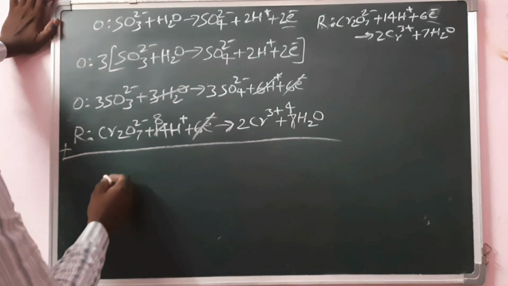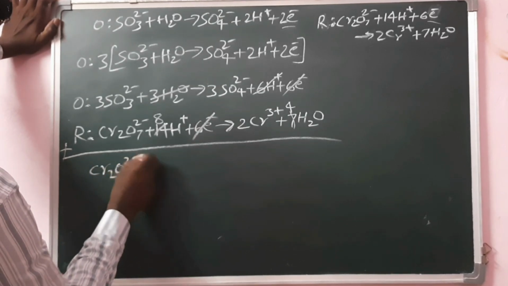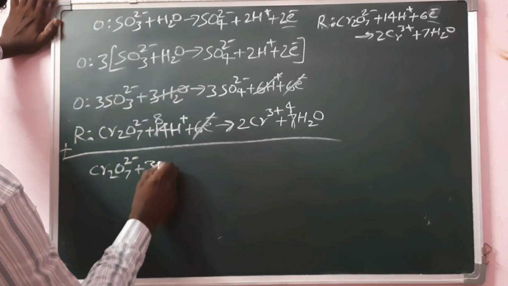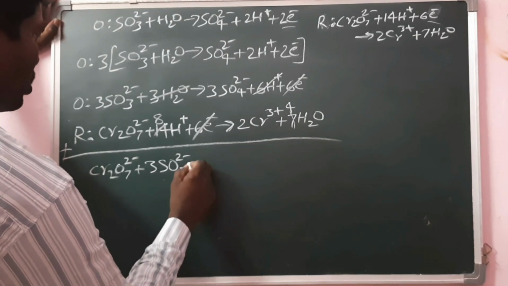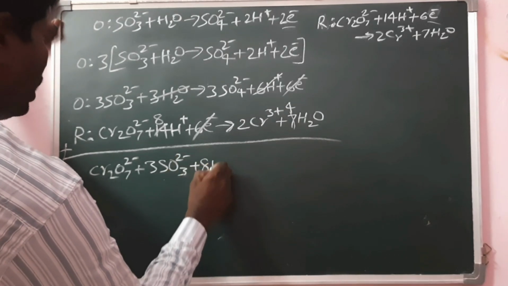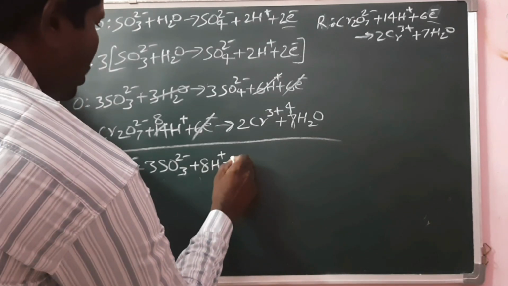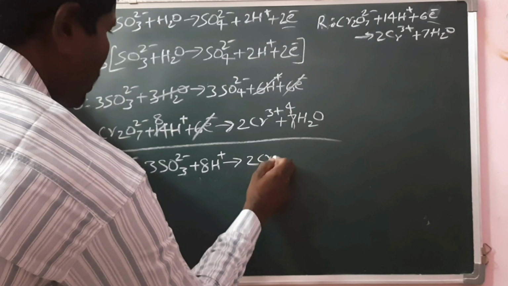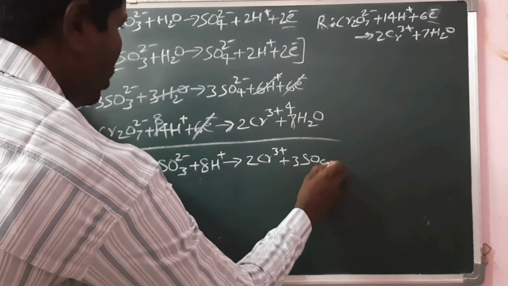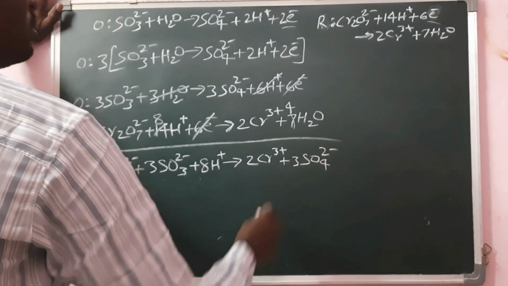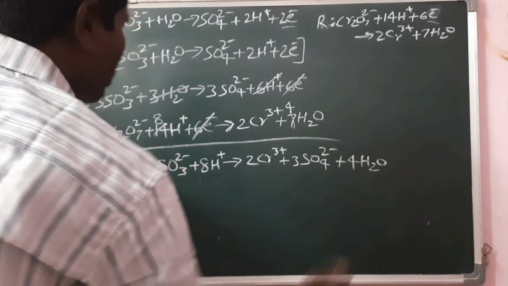Now add this: Cr2O7 2 minus plus 3 SO3 2 minus plus 8 H plus gives us 2 Cr3 plus plus 3 SO4 2 minus plus 4 H2O.